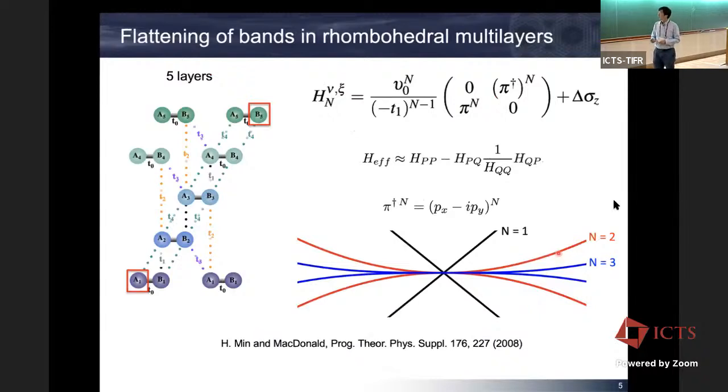And again, this is the low energy Hamiltonian representation of rhombohedral multilayer graphene. Here we are representing a 5-layer ABC stacked multilayer graphene, where the pseudospin bases again are the lattice sites at the outer layers, the top and bottom layers.